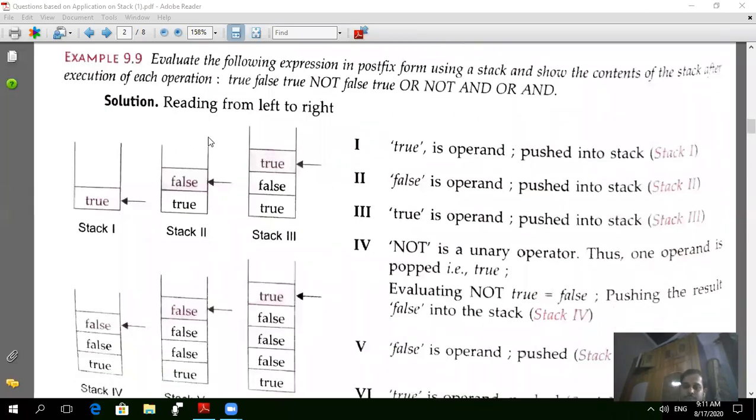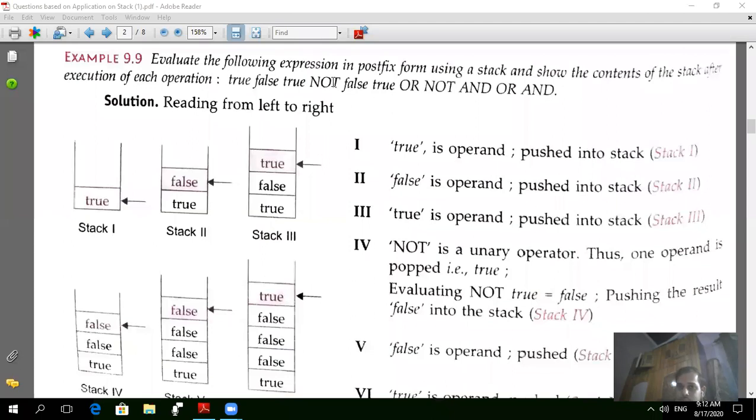So you have to perform your operation from left to right. So you are reading from left to right. First true will be inserted in the stack, then false will come in the stack, then true will come in the stack. So in the third stack the values are true, false, true. Now the top points to true.